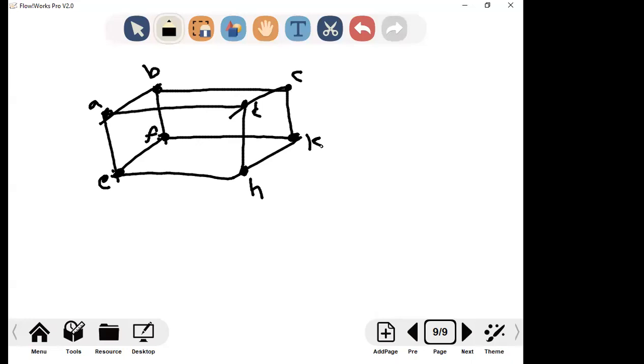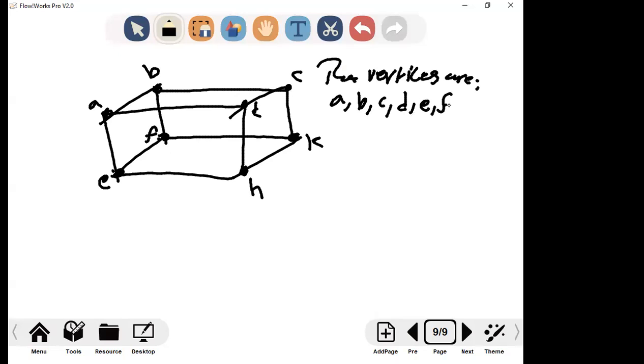Now the vertices are the points. When I ask what are the vertices here, the vertices are A, B, C, D, E, F, H, and K. These are the points. See the corners in this room? We call them vertex for each one, but together we call them vertices.